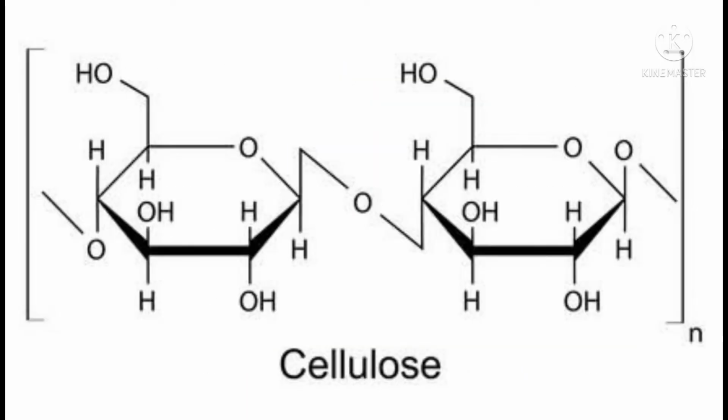Another example is starch, cellulose, and glucose, where we see hundreds of carbon atoms in chains. This catenation property is useful because it gives rise to an extremely large number of carbon compounds.